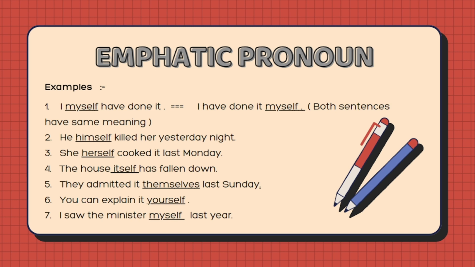Next, the sixth one: You can explain it yourself. In this sentence, you is the subject, can is the helping verb, a modal auxiliary verb, explain is the main verb, and it is the object. The meaning of this sentence is no one forces you to explain it. Here, the self form yourself is written immediately after the object it.